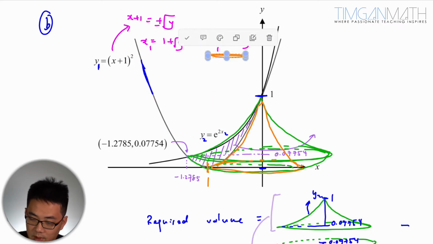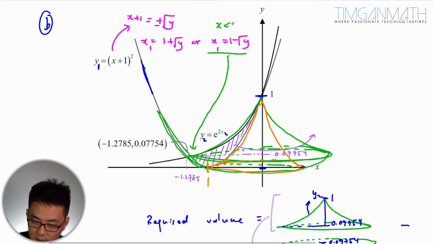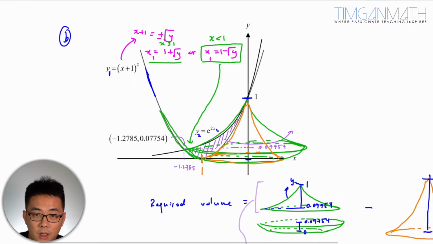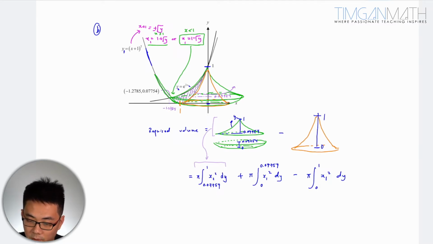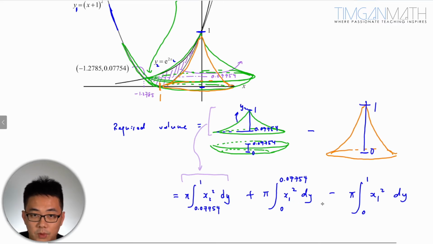So maybe I just label this out, x1 for this part. This will take this side on the right. So for x less than 1, we take this equation. x bigger than or equal to 1 would take this equation here, which is this part here. I know it's a bit confusing, but just follow me, because these two x1 will use different functions.